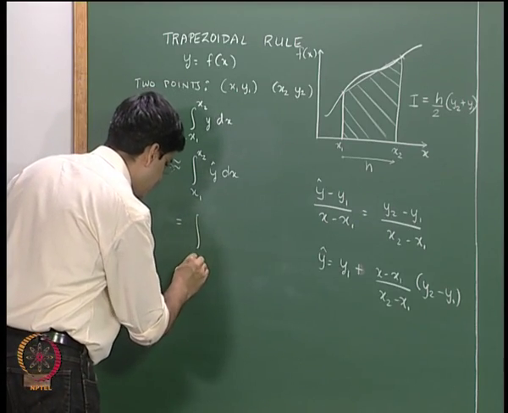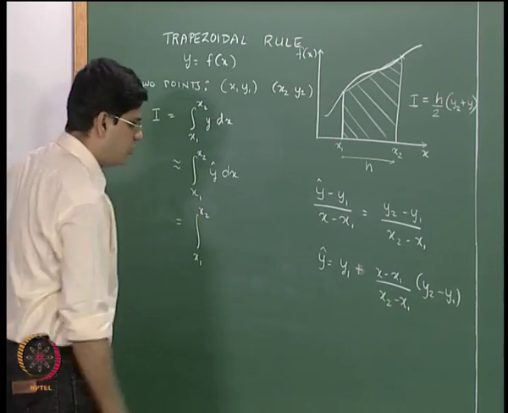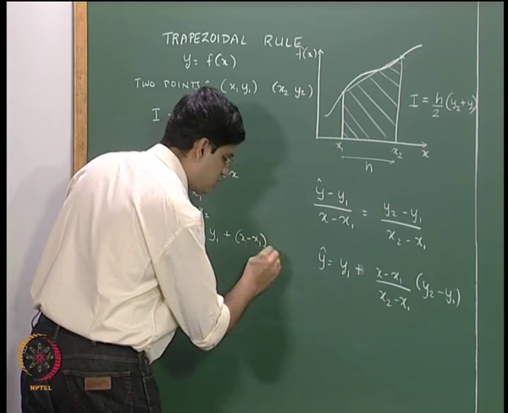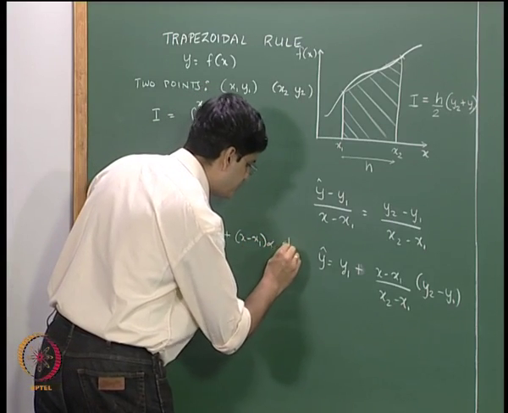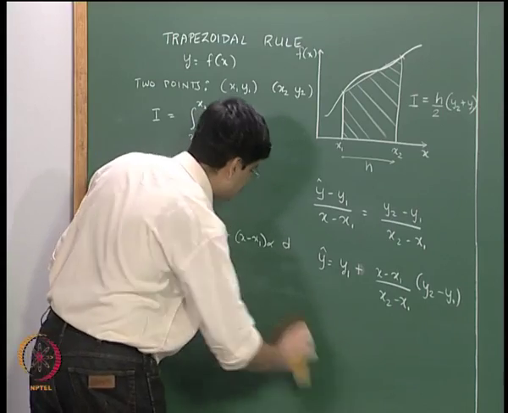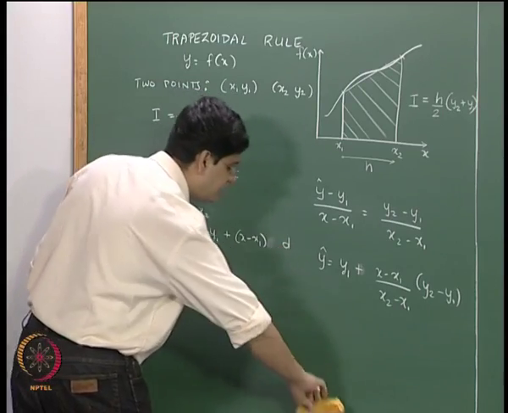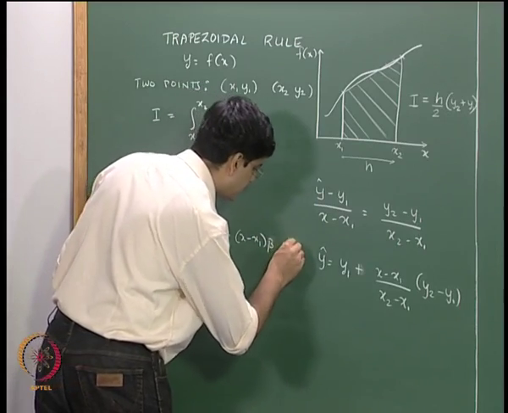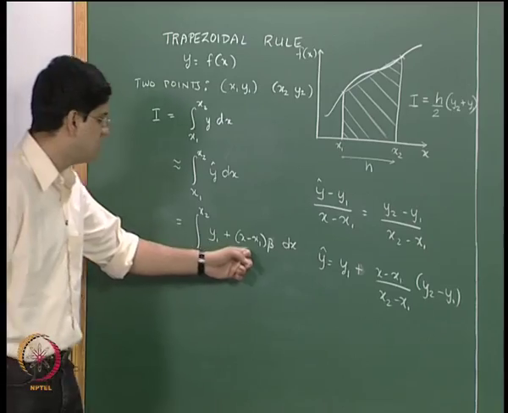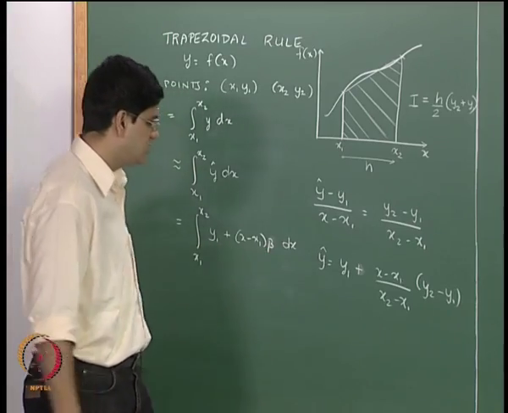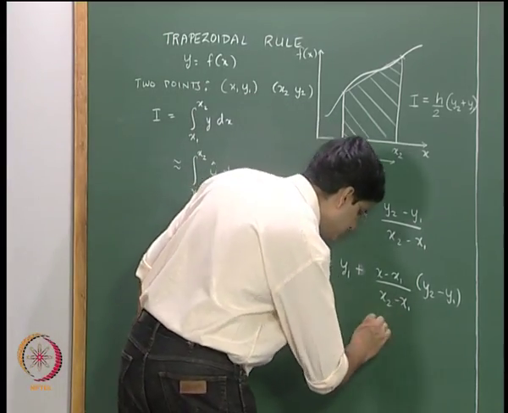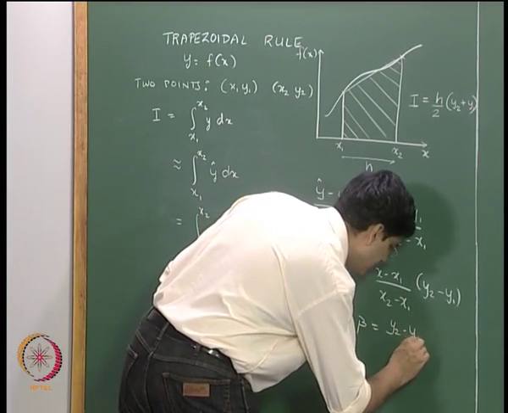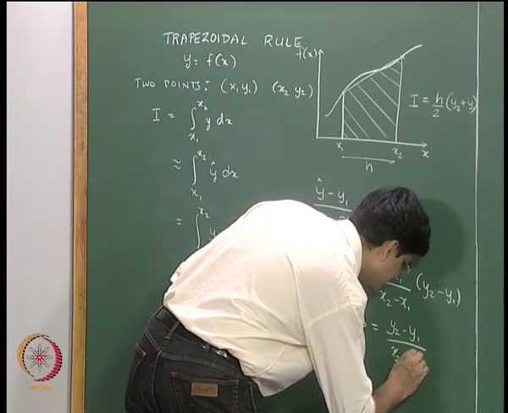So we have the integral from x1 to x2 of y1 plus (x minus x1) times alpha, or rather, I will need the term alpha later on, so I'll just call it beta instead. Okay, so y1 plus (x minus x1) beta times dx, where beta I have just called (y2 minus y1) divided by (x2 minus x1).